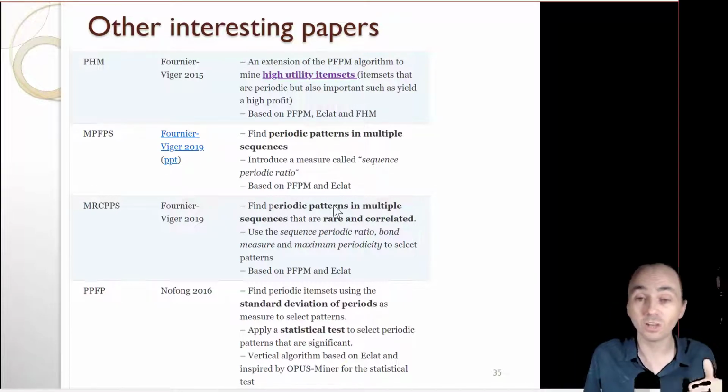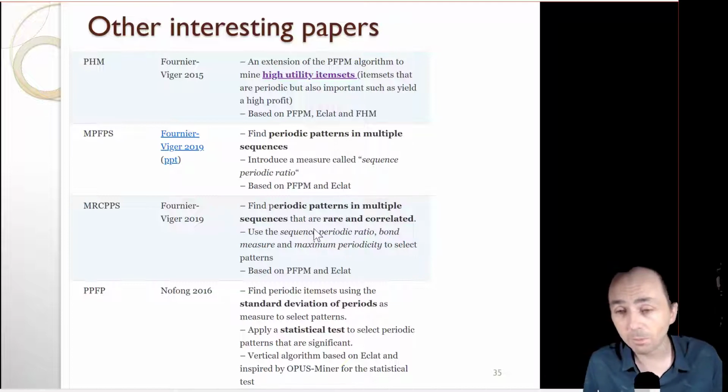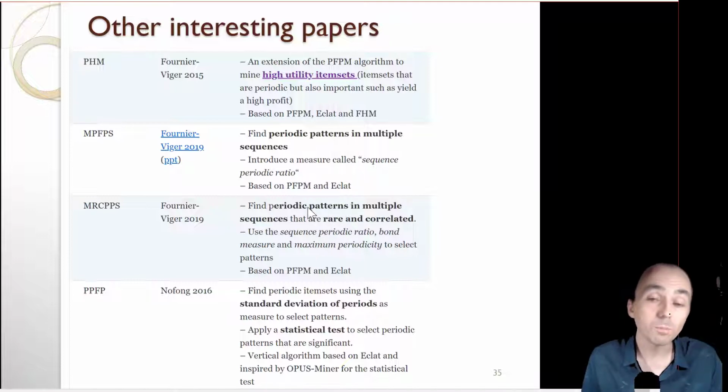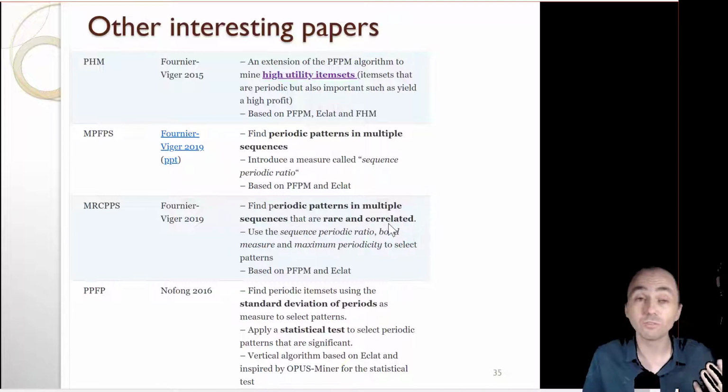We are the first to extend this to many sequences. Another paper we did is to find the patterns periodic in many sequences that are rare, not just frequent, but that have high correlation also.